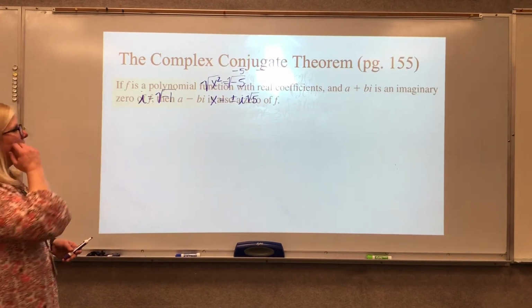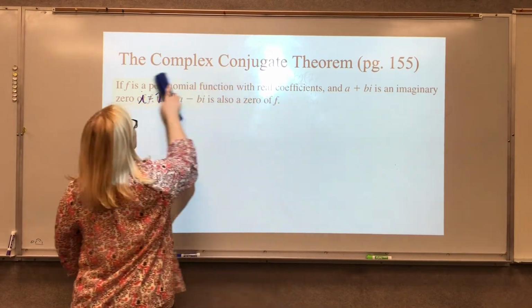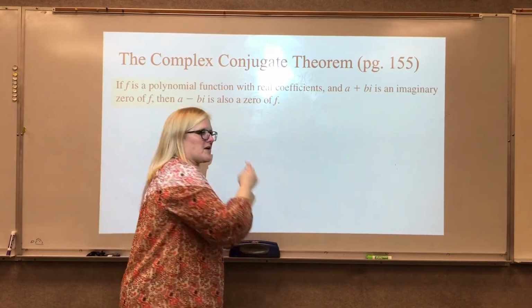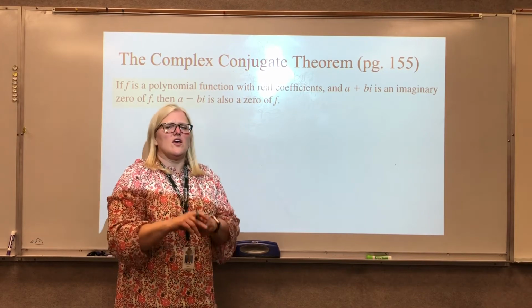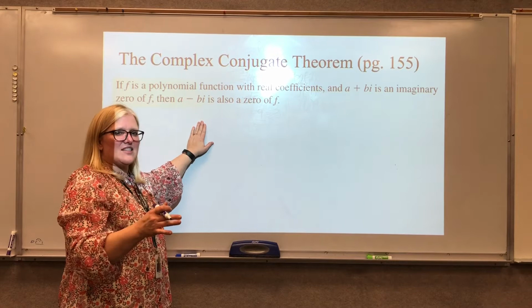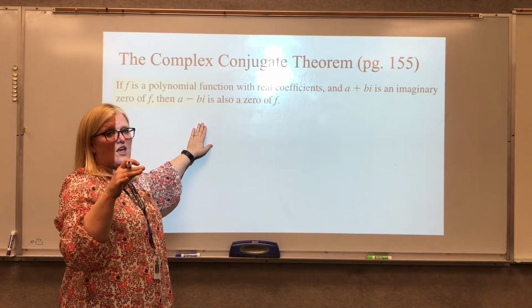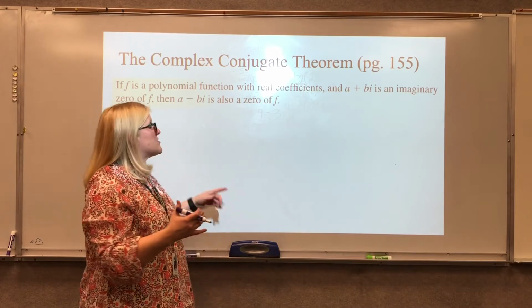The complex conjugate theorem. Remember the irrational conjugate theorem? That's the one where I showed you the picture of the conjoined twins and you couldn't have one without the other. Well, this is exactly the same thing, except instead of square roots, we're using imaginary numbers.